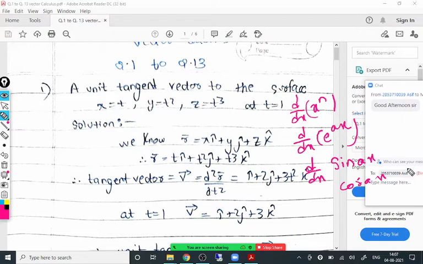These are very simple. Maximum 4, 5, 6 differentiation formulas are required. So don't think calculus is very difficult. Just focus on basic formulas.